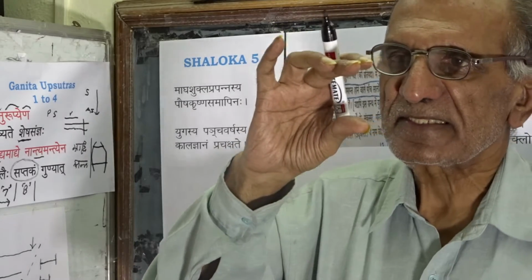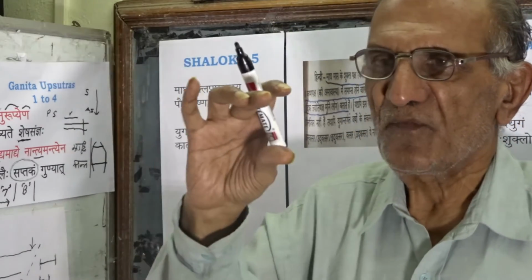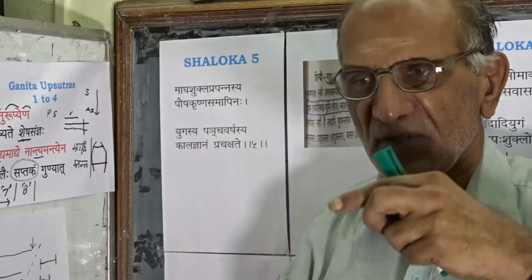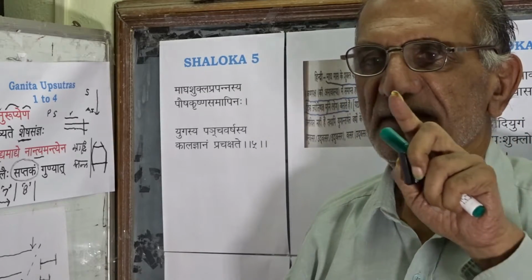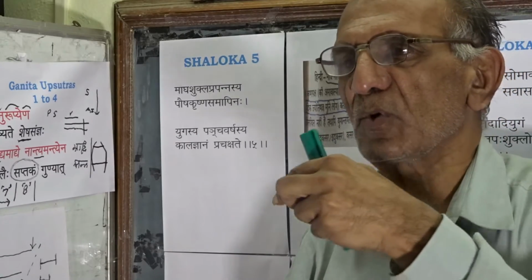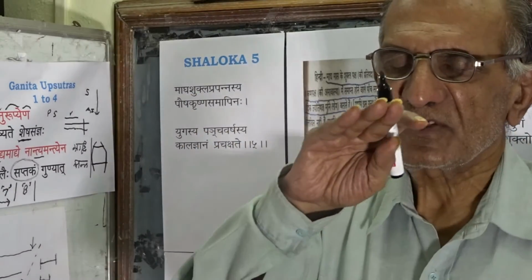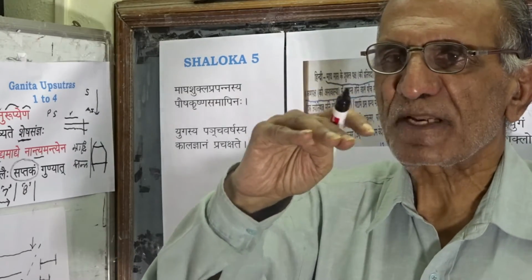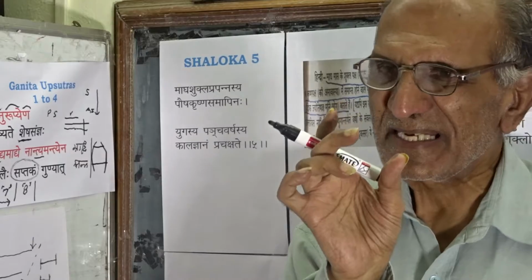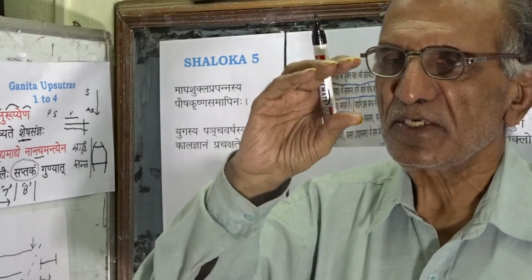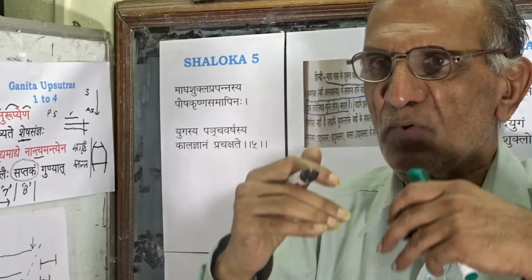Therefore, the original Sanskrit text of Shloka 5 followed by the Hindi translation of the text. It is to be followed with the original Sanskrit text of Shloka 6, followed by the Hindi translation of Shloka 6. After this, one shall go through it once, twice or thrice, and thereafter one shall sit comfortably and try to express oneself, or translate the meanings of Shloka 5 and Shloka 6 in one's own language.